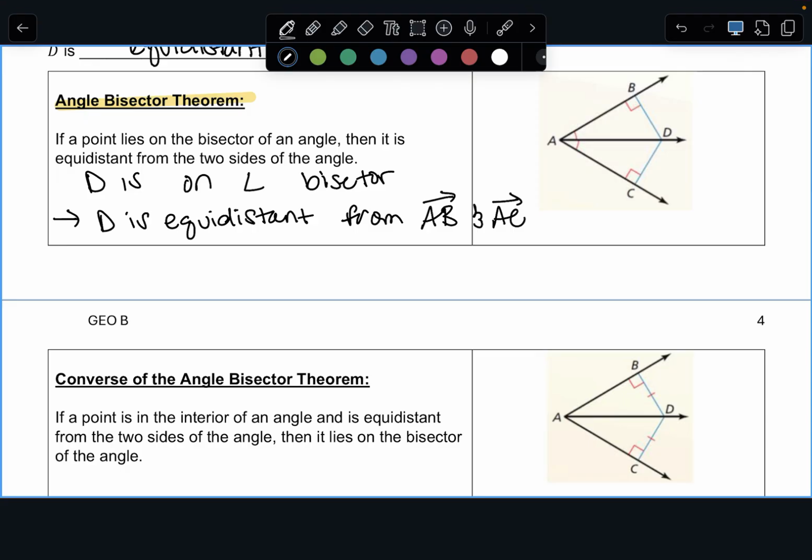But what you need to know is if you see a picture like this, you're setting these two segment lengths congruent, equal. Okay? Setting two things equal.